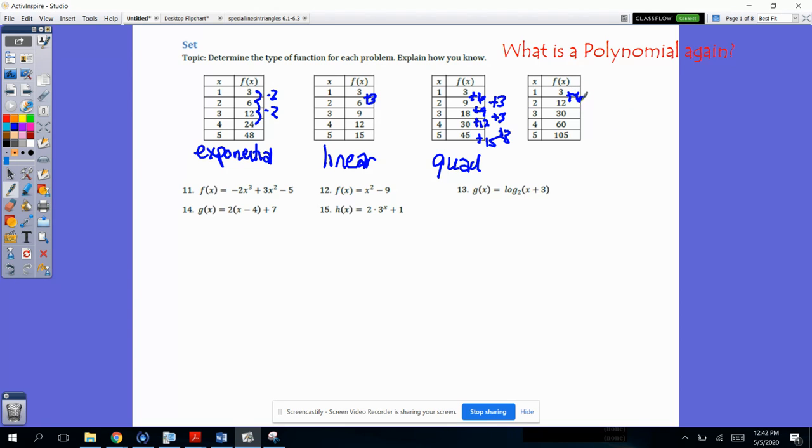And this one goes plus 6, plus 18, plus 30, plus 45. And then it's plus 12.